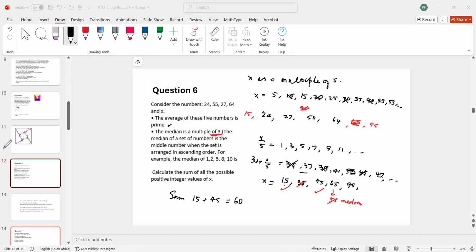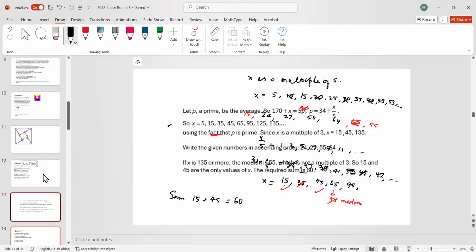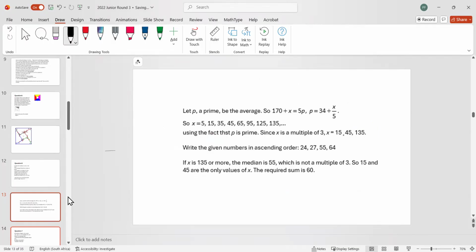Okay, let's just check to see. The required sum is 60. So that's okay. At the bottom there. All right, so that takes care of question 6.